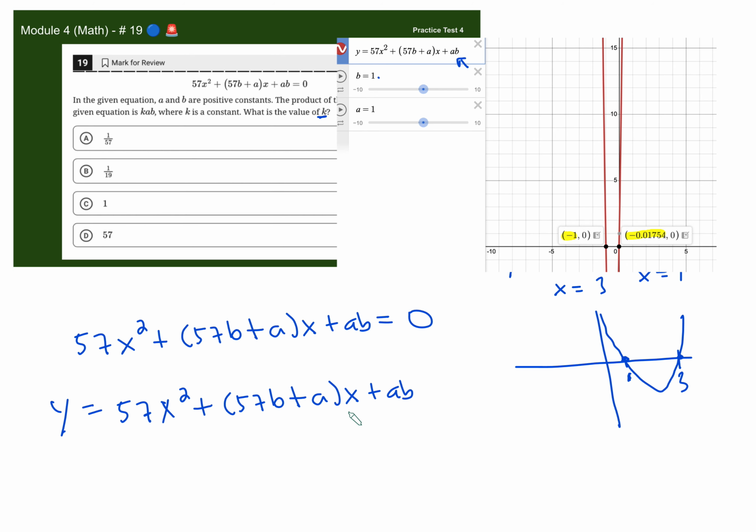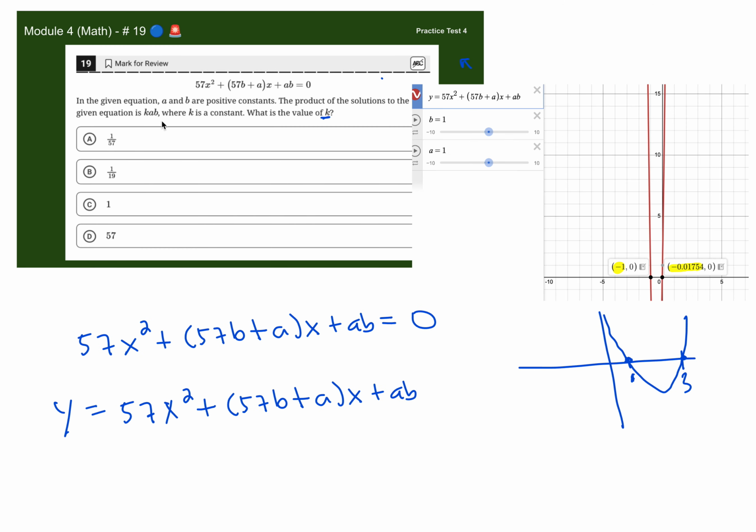Okay, so hold on a second. If it's saying that the product of the solutions is KAB, well, these are the solutions right here.